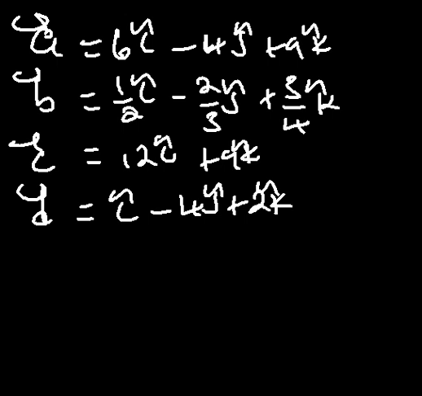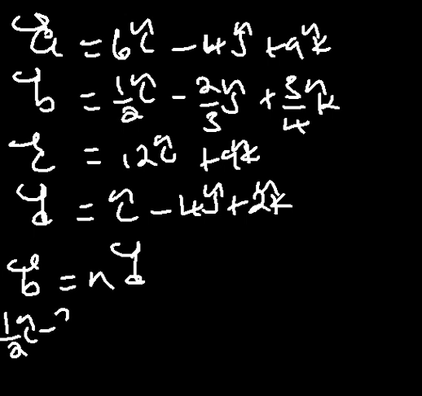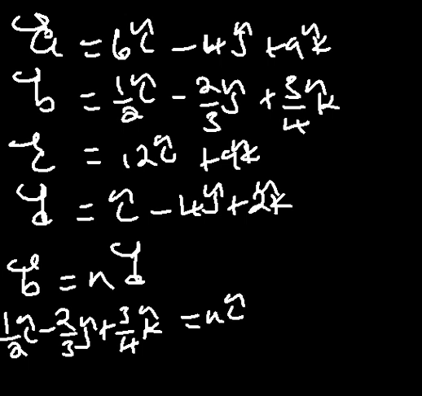We have vector B equal to a scalar multiple of vector D. So 1 over 2 i minus 2 over 3 j plus 3 over 4 k is equal to n times vector D, which gives ni minus 4nj plus 2nk.